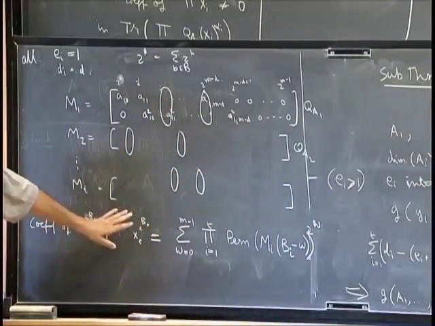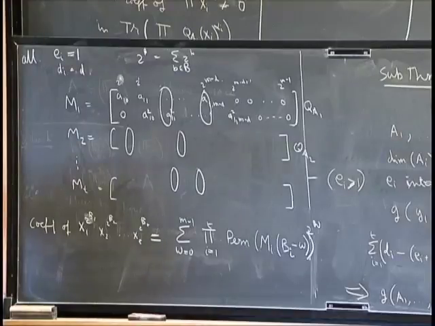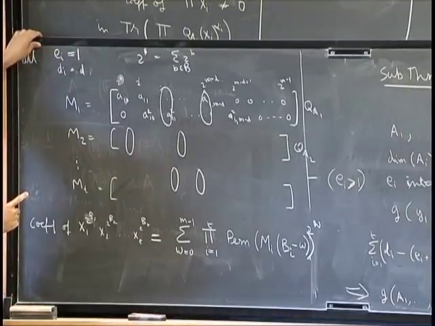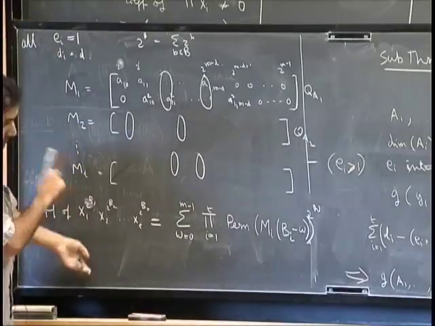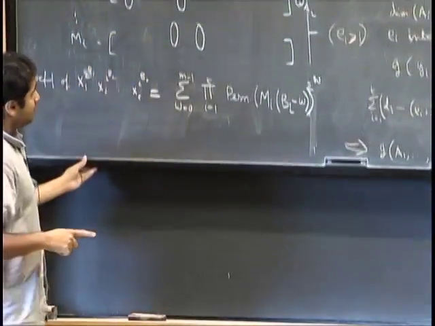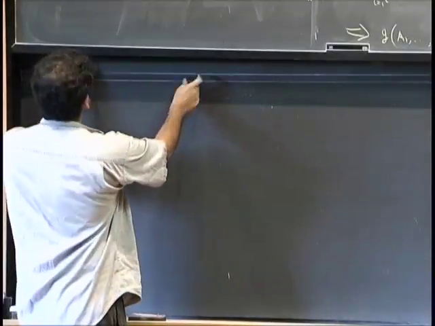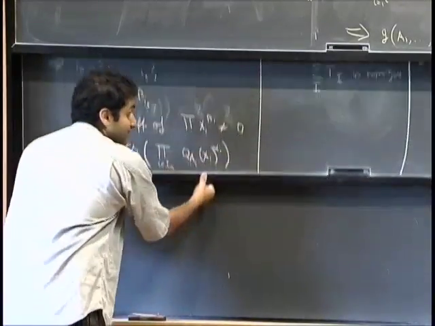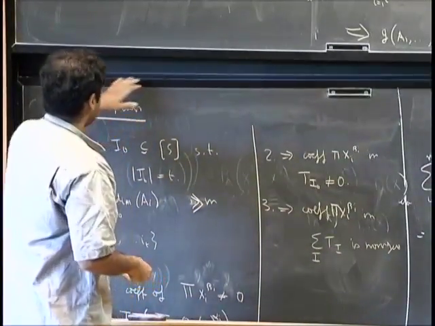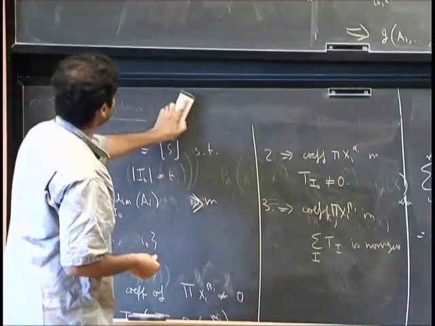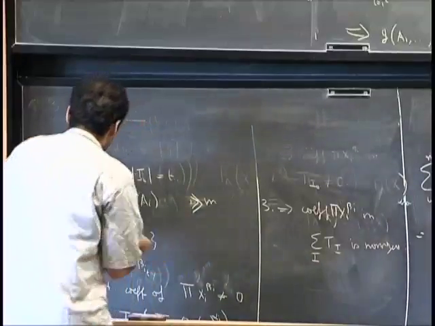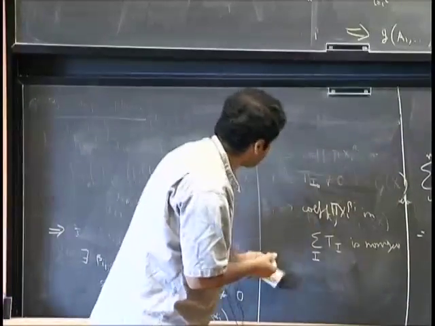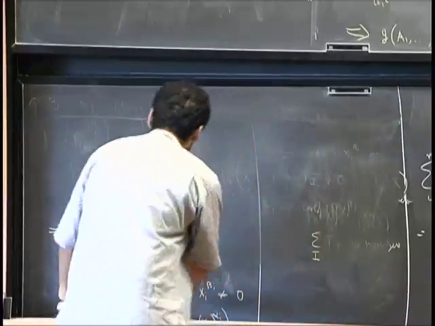Okay, so this should look sort of messy, but what I want to do with it is going to be very simple. Okay, so if I want to show that some monomial has a non-zero coefficient, then it suffices for me to do the following.